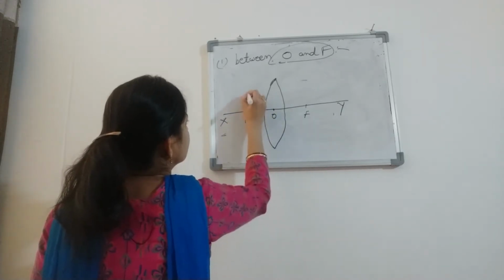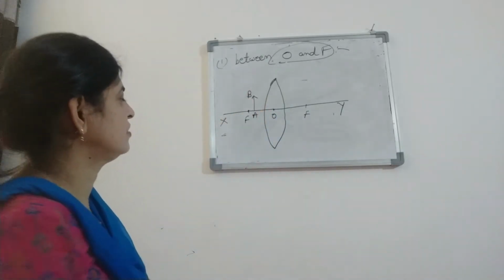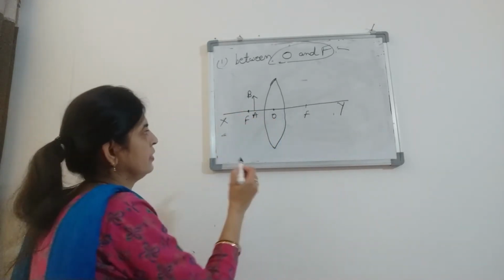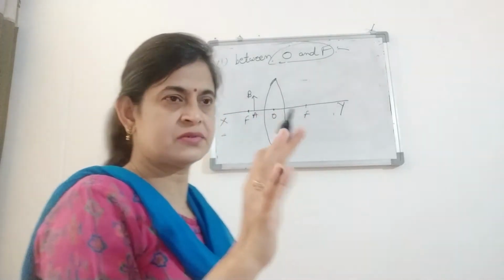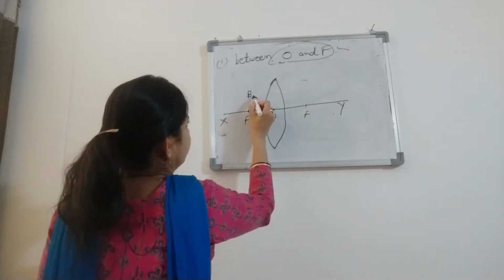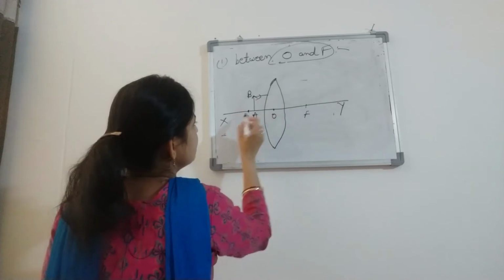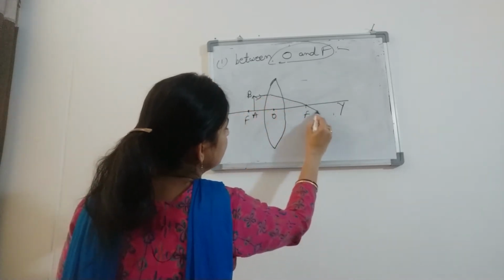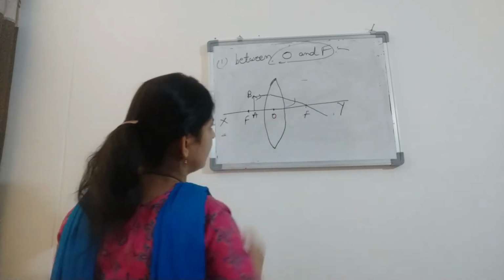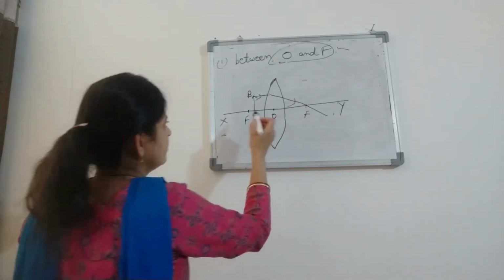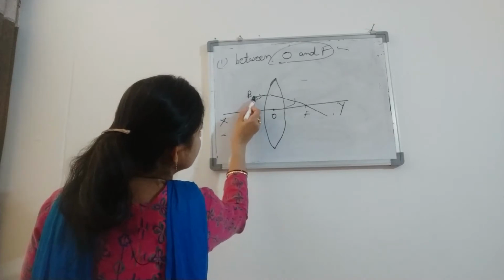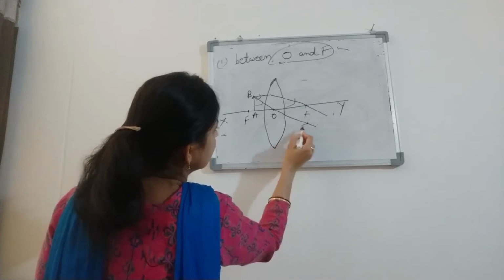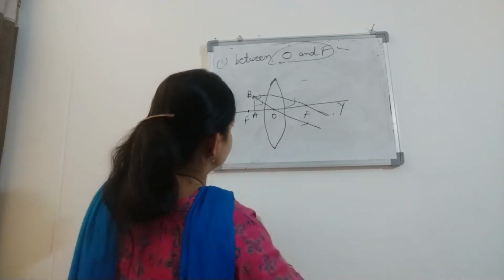So, suppose AB is an object which is placed between O and F. Now, apply any two rules. First rule, if the incident ray is parallel to the principal axis, then it will refract through the point F. Second, if the incident ray is passing through the optical center, then it will be undeviated.